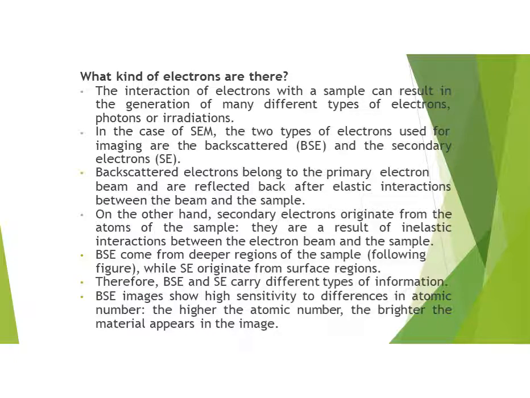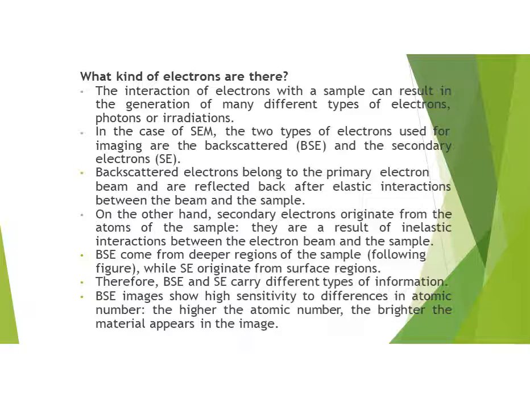The interaction of electrons with a sample can result in the generation of many different types of electrons, photons, or irradiations. In the case of the scanning electron microscope, two of the electrons used for imaging are the backscattered electrons and the secondary electrons.